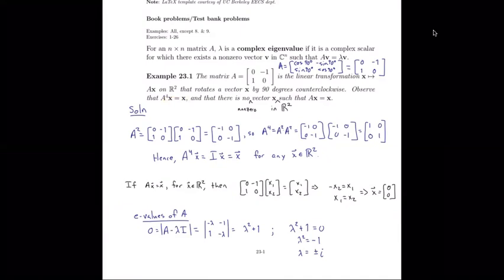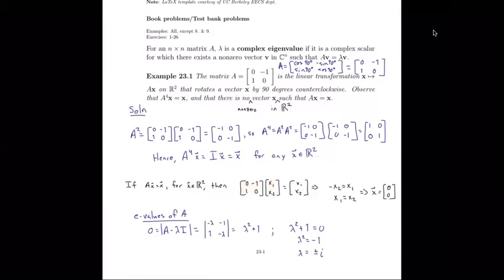Now, similarly, if Ax was equal to x for some vector x in R2, okay, so we just write that down and say, okay, say this is the case. Let's carry out what this means, right? Let's write down the consequences of that. Well, then A times x is this explicitly, times this vector x has components x1, x2.